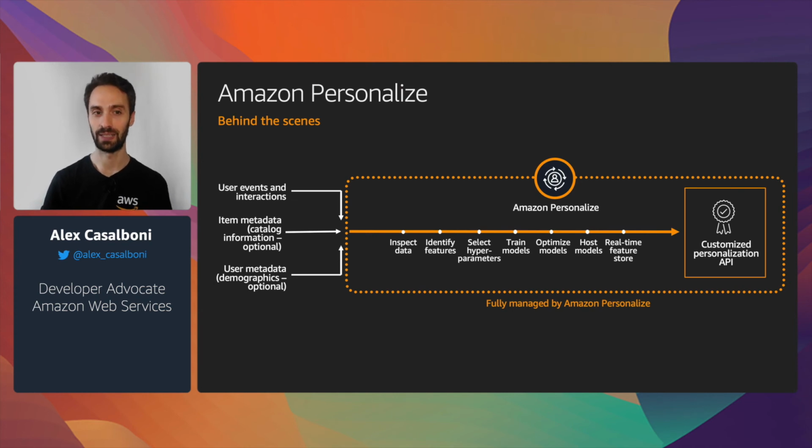So you may design what that means in your application, in your system, but then you provide that data structured and shaped in that way. Then you want to provide a catalog, what are the items, what is the metadata, and then you want to provide some demographic metadata about the users too. Everything happens under the hood, and then you get the customized API, as we have seen already.